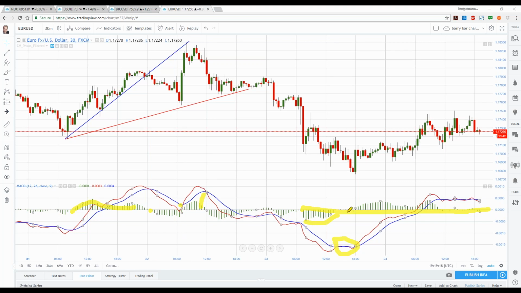So when we see the MACD line and the MACD signal line pull far away from where they are, that is telling us we have an overbought, in this case, an oversold condition.